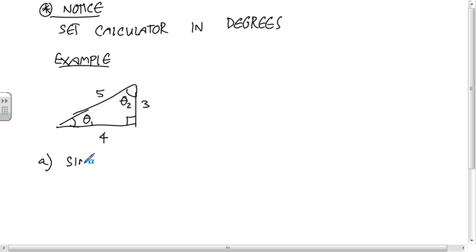First, what's the sine of theta 1? Sine is defined as the opposite over the hypotenuse. The opposite of theta 1 is 3. The hypotenuse length is 5. So the sine of theta 1 is 0.6.